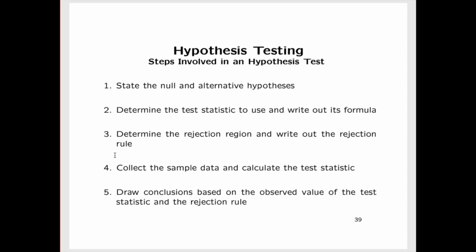But to go beyond that, obviously, we have to have sample data. And so that leads us to step number 4, collect the sample data and calculate the test statistic. Again, we're either going to be sampling from one or more populations in a sampling context, or we're going to be performing a designed experiment where we have randomly assigned treatments to experimental units in some fashion, and then we have taken that experimental design in mind, and come up with the appropriate analysis, which we've defined up in step 3.